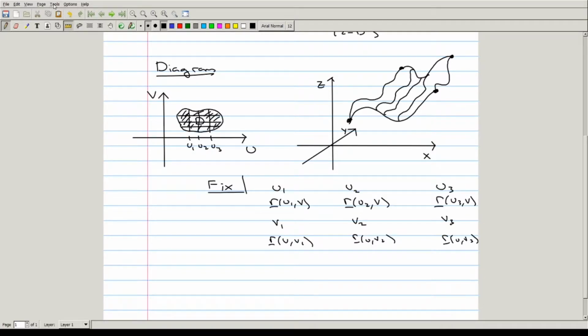And on the surface itself, we'll get a curve corresponding to V3, a curve corresponding to V1, and lastly some curve corresponding to V2.